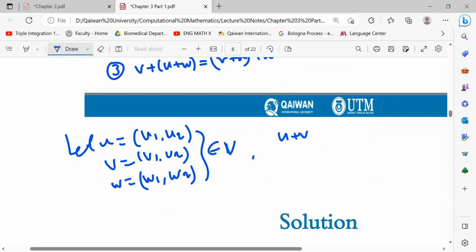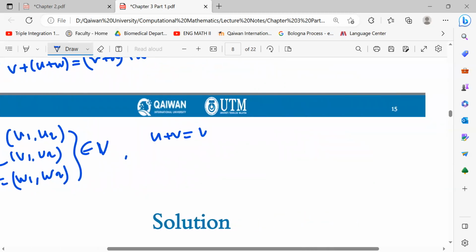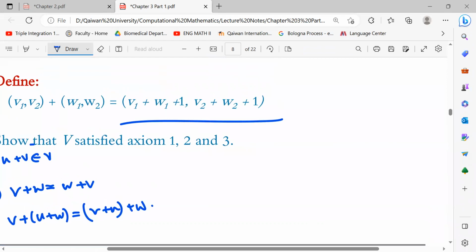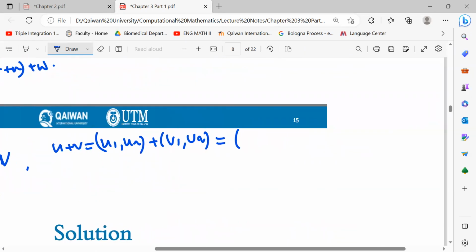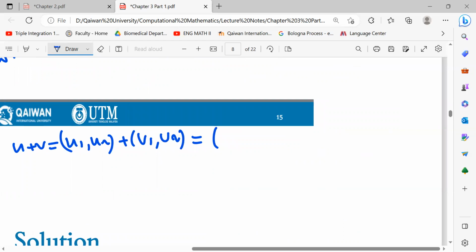Here, U plus V is what? It's (U1, U2) plus (V1, V2). Based on this definition, what does this equal? (U1 plus V1 plus 1, U2 plus V2 plus 1). Is it in V or not?